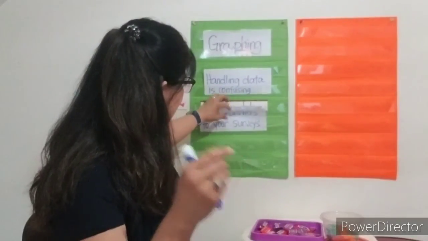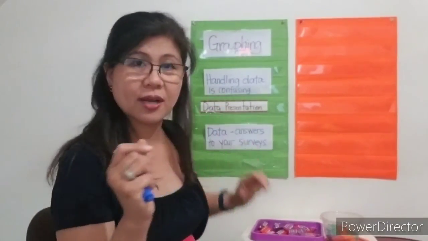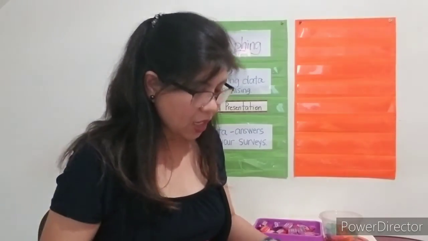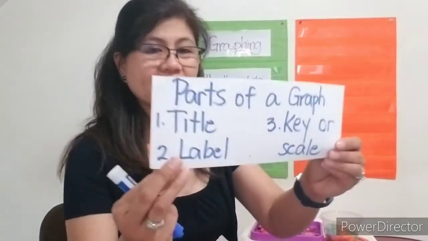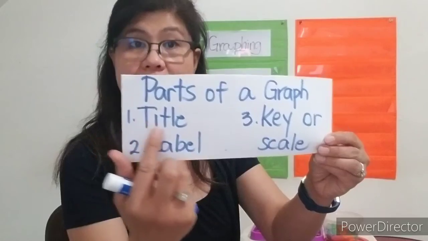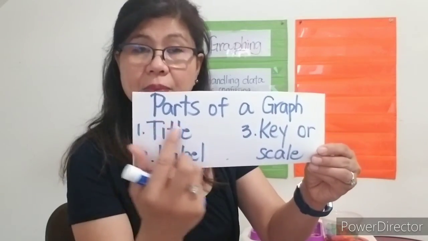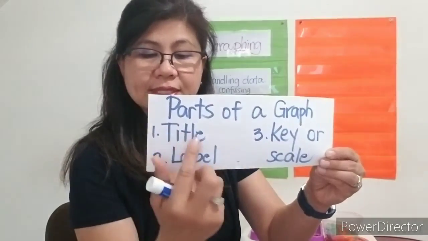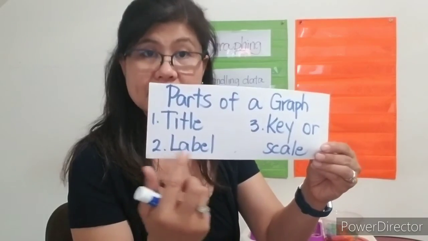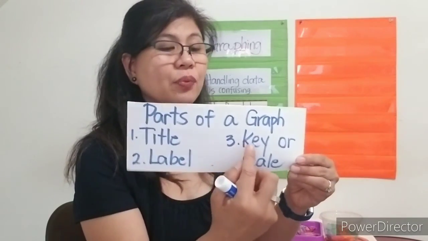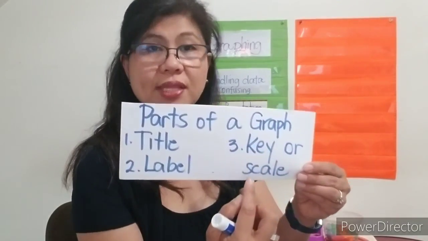I'm just exposing you to the big words before I talk about graphing. And parts of a graph, of course, we will need a title. We will label our graph. We will put the title and label the things that you see in the graph, and we will also talk about the key or the scale.